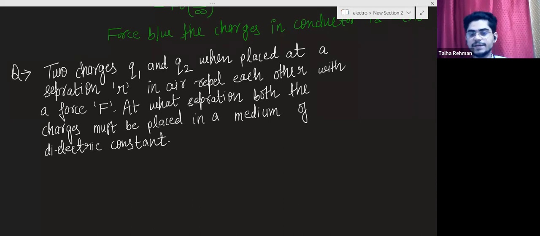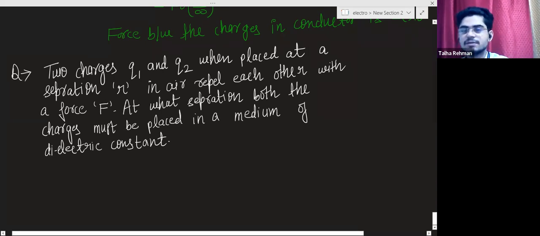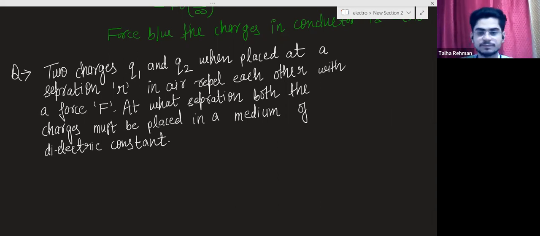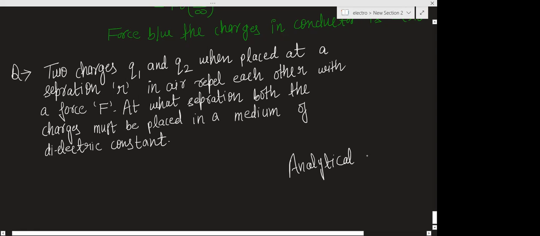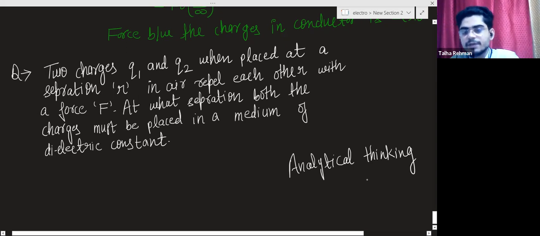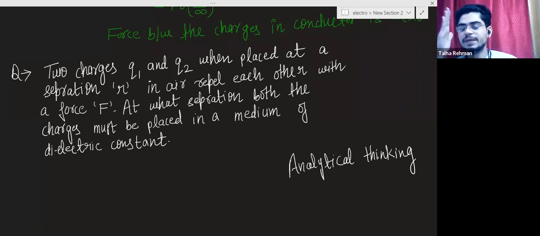In numericals we should have an analytical thinking approach, which means breaking down the problem into parts. Most students are good in theory but not that good in numericals.